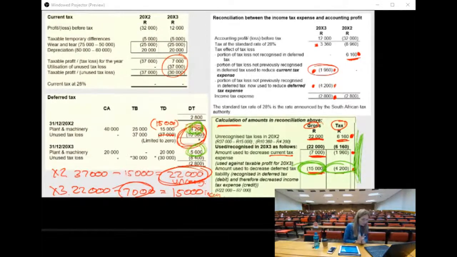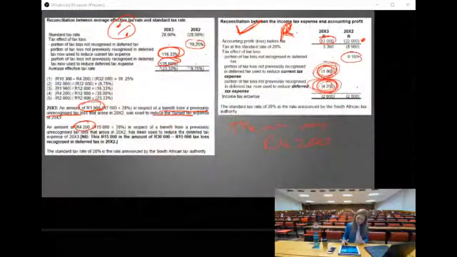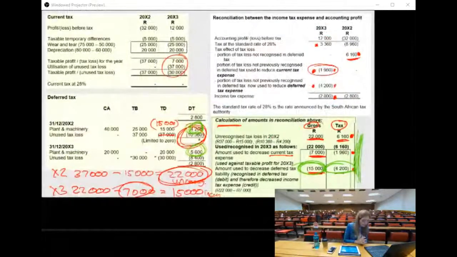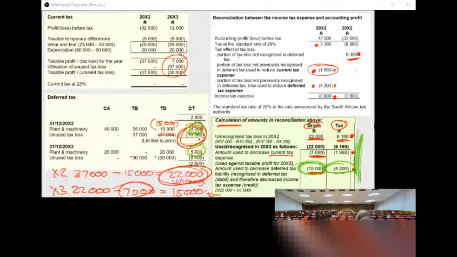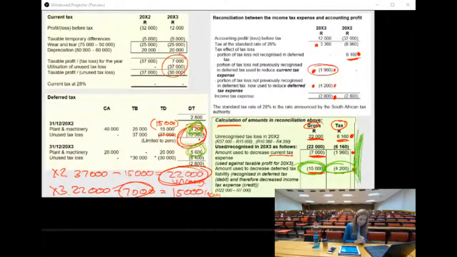Okay, Mrs. Swanepoel, in the recon X2 is the 6160 positive? Because should it have been recognized in the deferred tax calc, the movement would have been 8960 instead of 2000, thus technically we are decreasing our income tax expense by less. If we do not recognize, we show this by showing the 6160 as a positive increase.